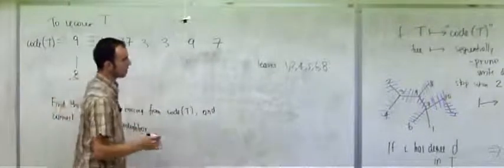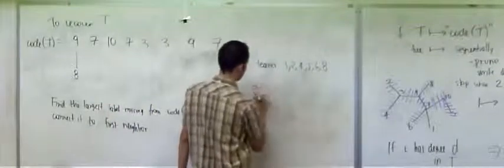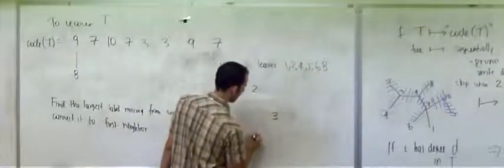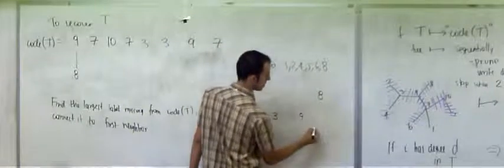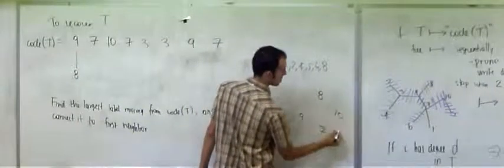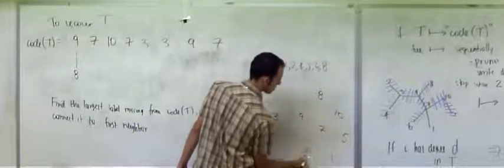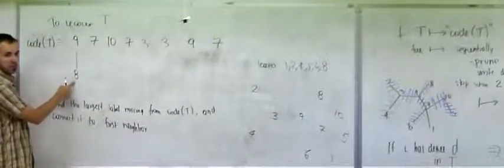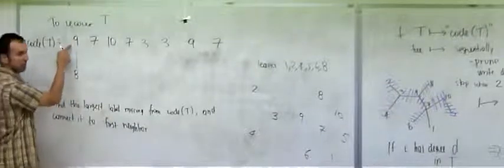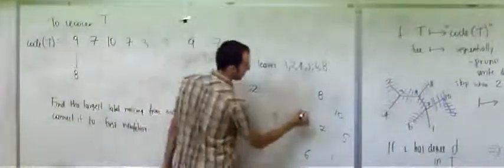Okay, so I'm going to try to more or less geographically copy these numbers down, but not look at what's connected to what. Okay, so it says 8 must have been the first thing I pruned, and it must have been pruned from 9. So I get to connect 8 and 9.